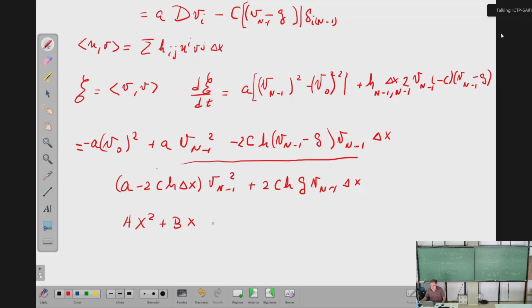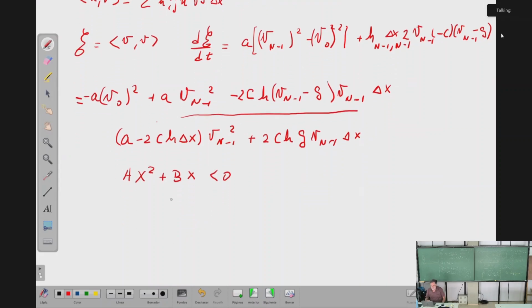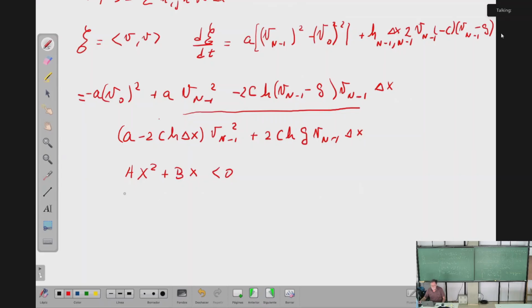So when is this going to be negative? What conditions do I need? Well, suppose first I need this to be negative for all x. So first what I need is these things to be negative. So a has to be negative.